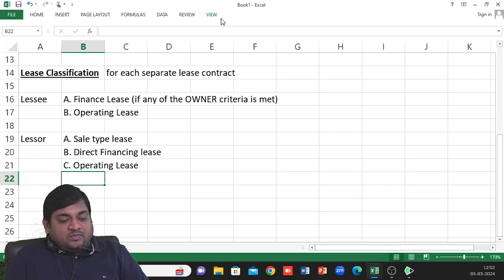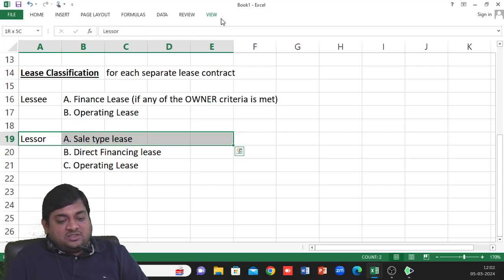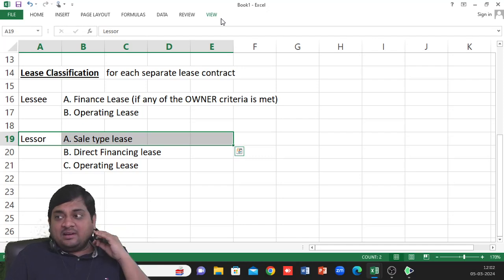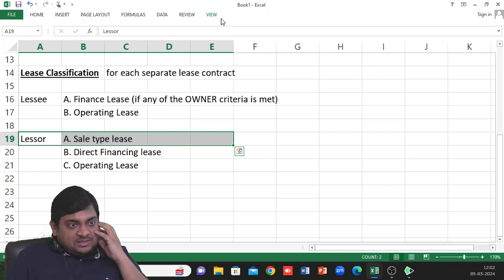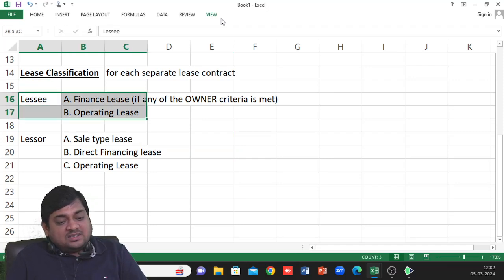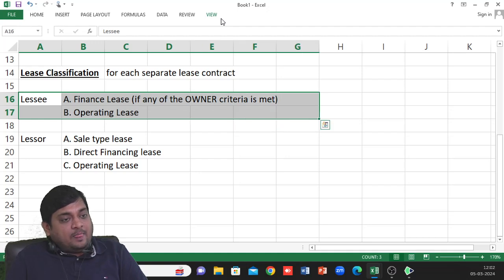This lessor classification is not in our FAR syllabus. It will be covered in BAR. But what is important for our syllabus is the lessee, right?